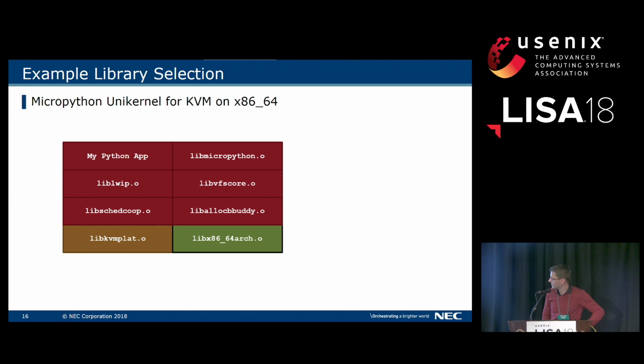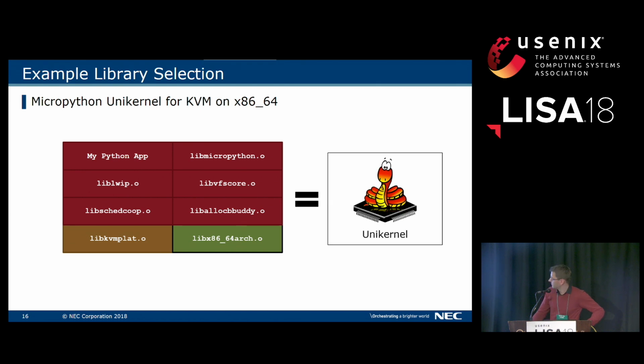VFSCore for doing some file system I/O, and then here we include this cooperative scheduler, a memory allocator, which is implementing a binary buddy allocator in this case, the KVM platform, and the architecture. And we're done, right? So we have our unikernel that executes our Python program.